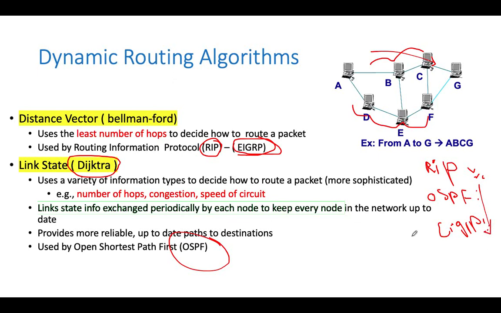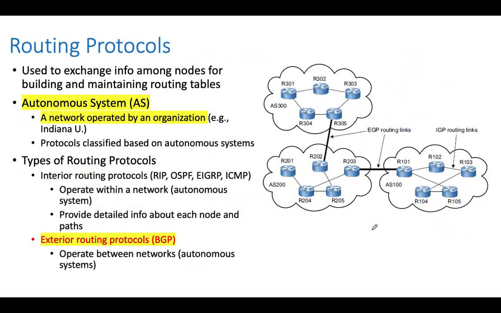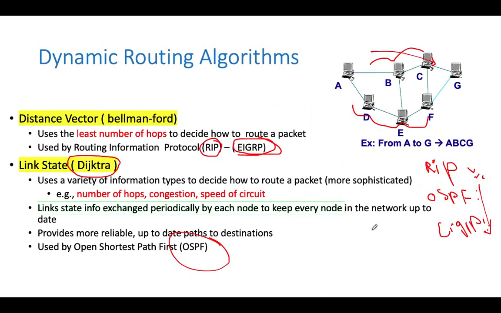So the latest right now, up to today, is EIGRP. When you do routing between normal routers, we use what we call internal routing protocols, which are those protocols: RIP, OSPF, EIGRP. These are the most famous protocols in terms of routing.